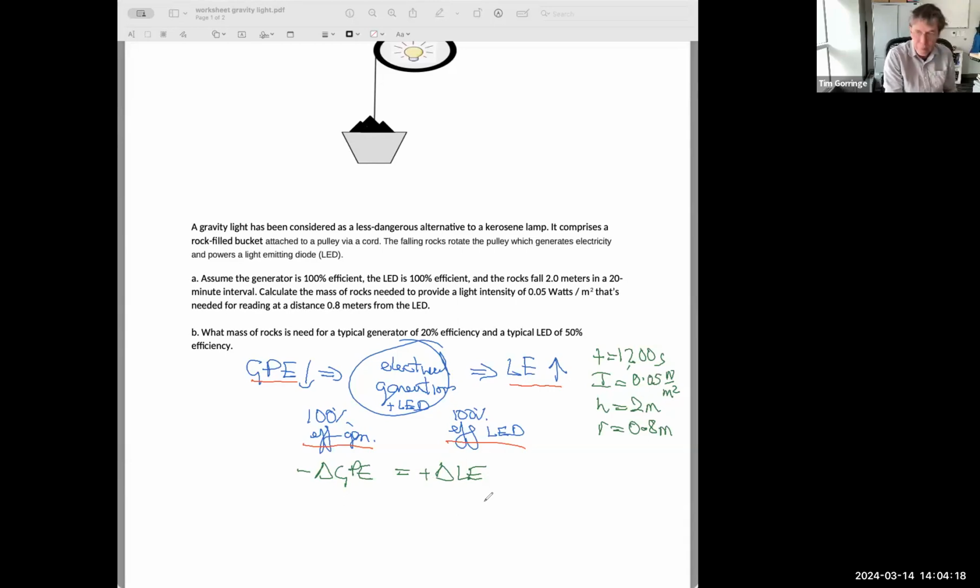Now all I've got to do with that key starting point of energy conservation through our gravity light is fill in what the change in gravitational potential energy is when the mass falls, and fill in the amount of energy that the light carries off. So I'm going to fill in some details on the left-hand side and the right-hand side.